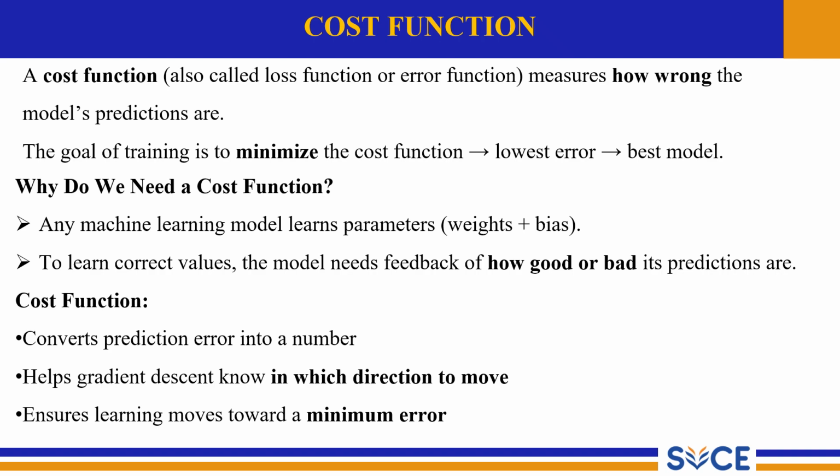To find the correct values of these parameters, the model needs clear feedback about how good or bad its predictions are. The cost function provides this feedback by converting prediction errors into a single numerical value, helping gradient descent determine the direction in which parameters should be updated, ensuring the learning process moves towards minimum error and optimal performance.